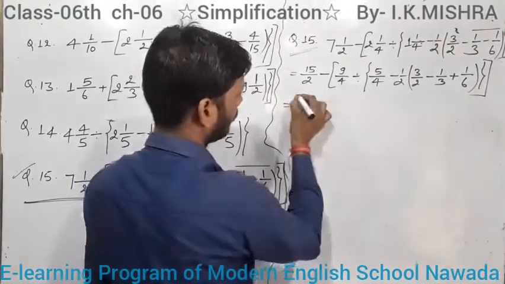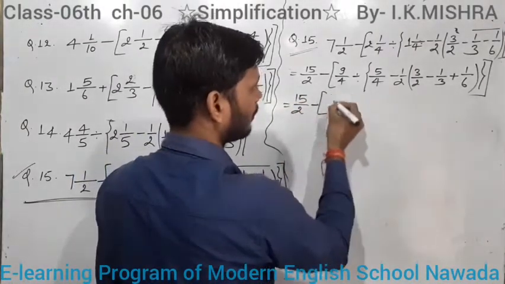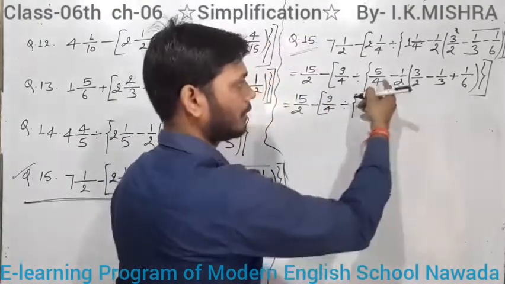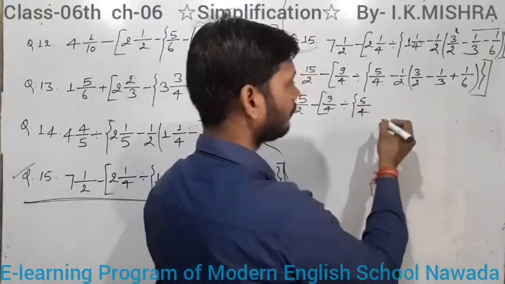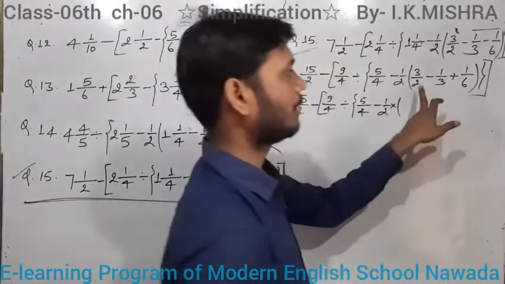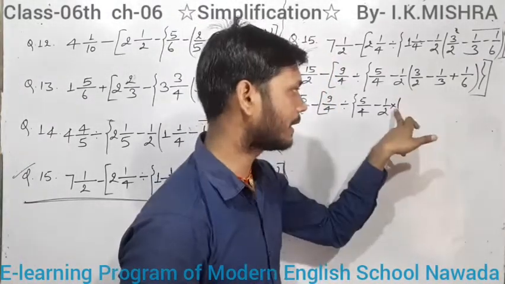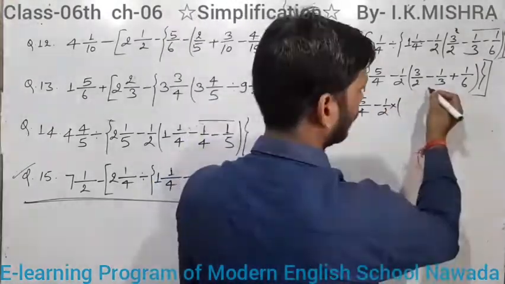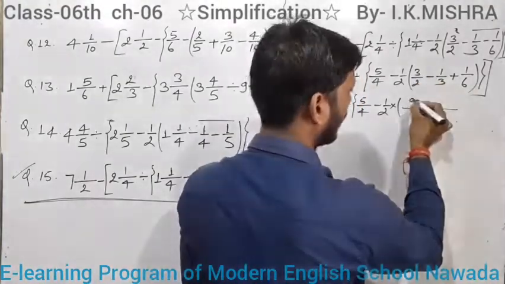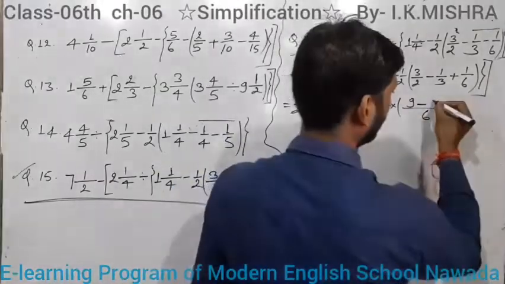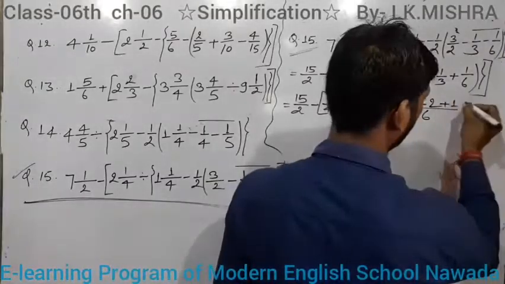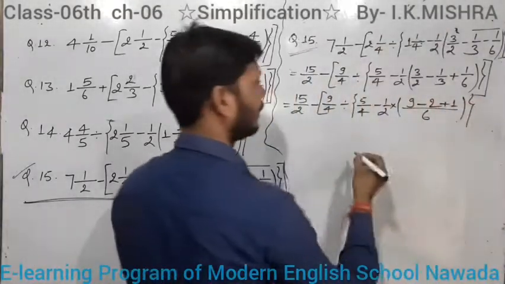Here 15 by 2 minus 9 by 4 divided by 5 by 4 minus 1 by 2 into, the multiplication sign is hidden, so I write multiplication here and do the operation. So here LCM is equal to 6 and 9 minus, 2 times divided, 2 times and plus 1. Clear friends?